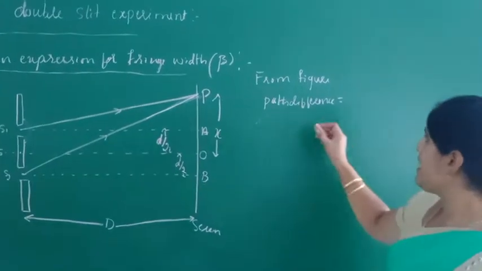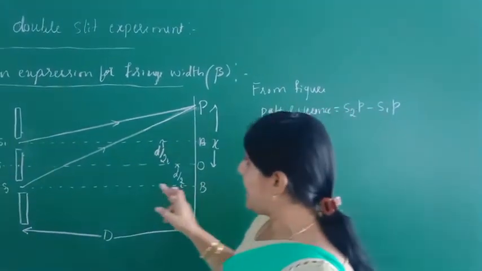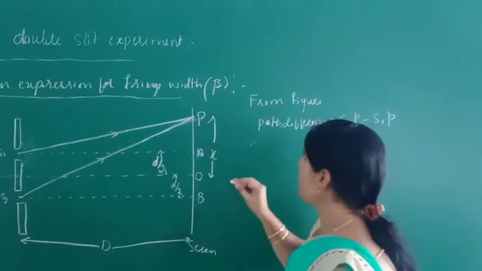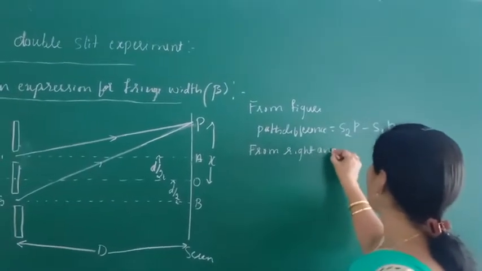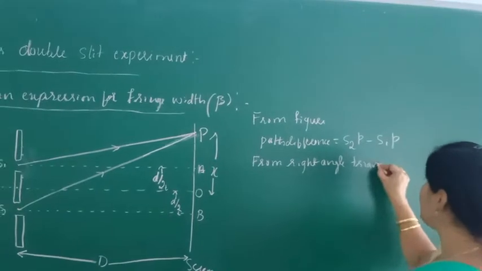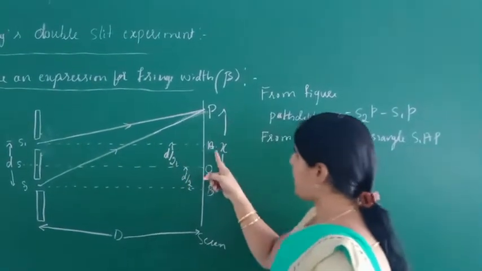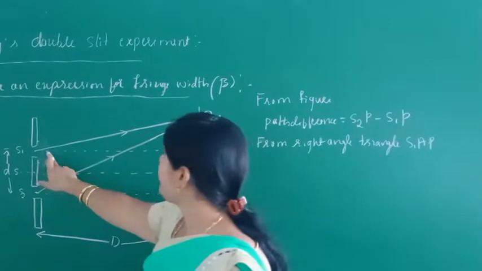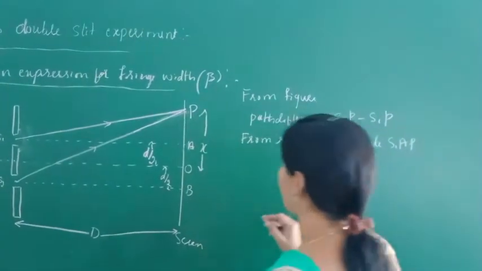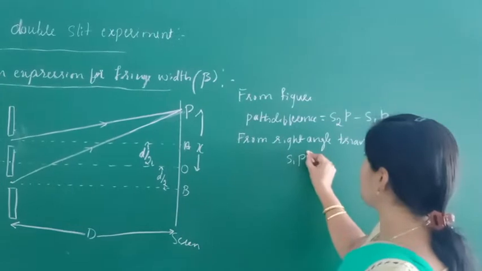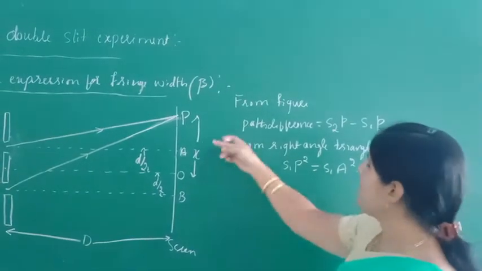Again, from the right angle triangle S1AP, according to Pythagoras theorem, S1P square is equal to S1A square plus AP square.